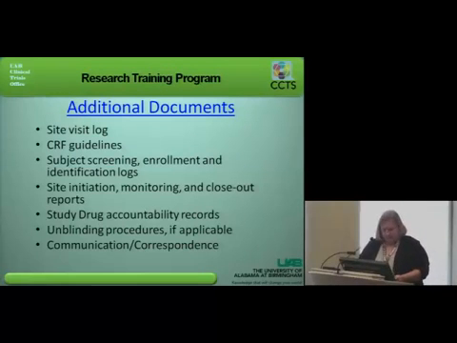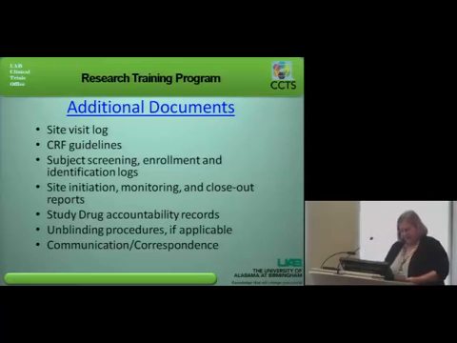If any documents are kept somewhere other than your regulatory binder, you should complete a note to file explaining where those documents are located. Some examples of documents that would not be maintained in your regulatory binder would be financial disclosures and patient contact information, because those are supposed to be maintained in a confidential location.